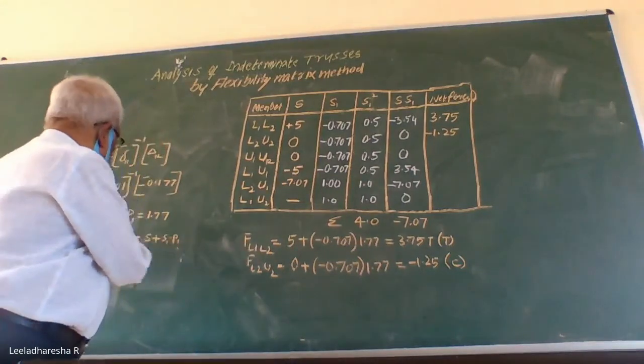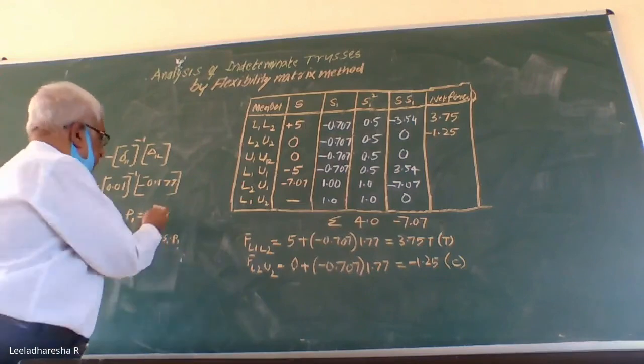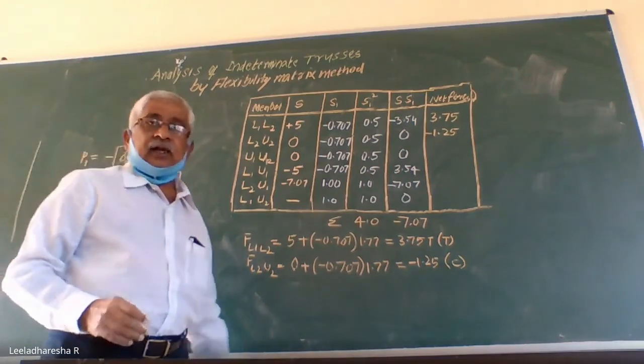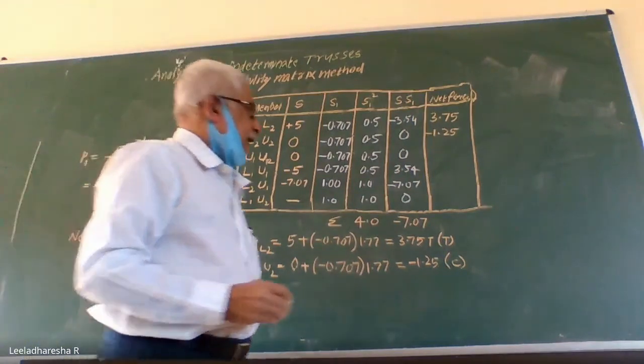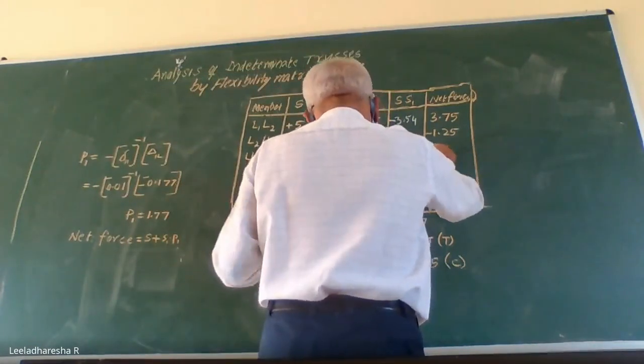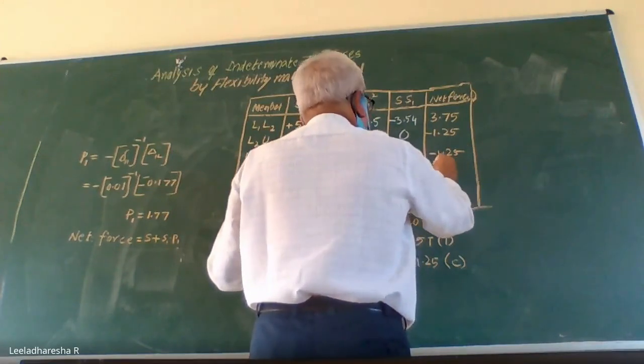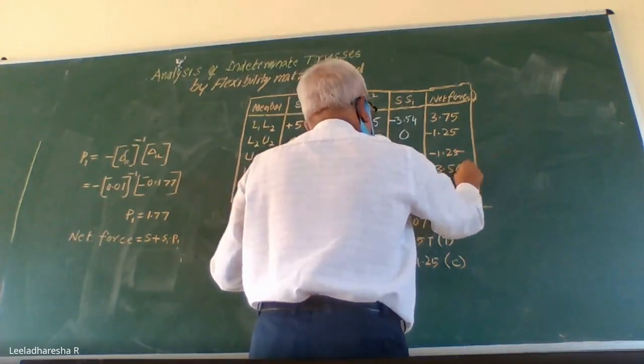So use the formula: net force is equal to S plus S1 into P1. Up to P1 we have solved by flexibility matrix method. So now I will write directly the answer. The next one you get minus 1.25, 3.54.